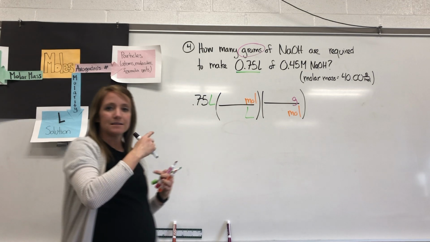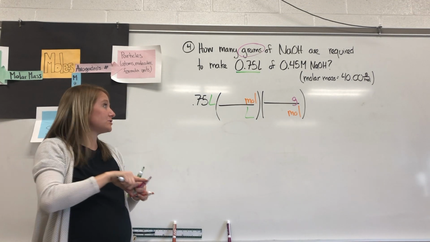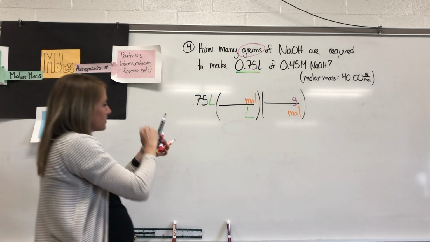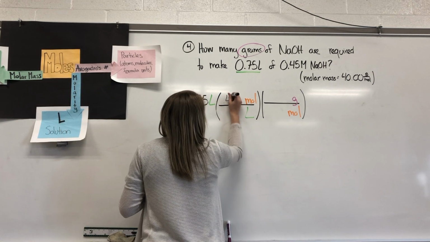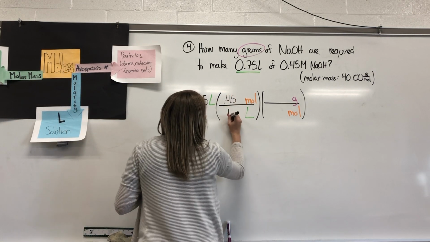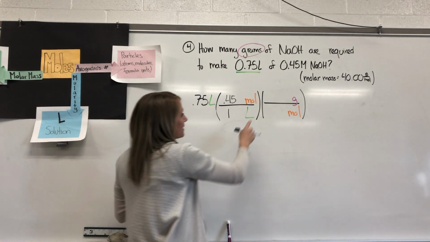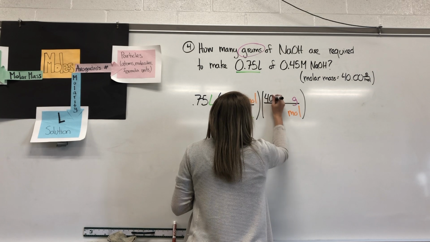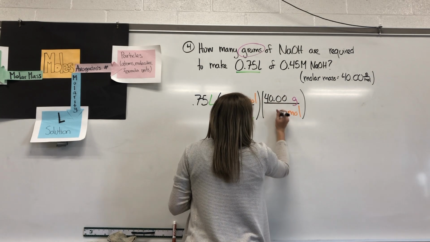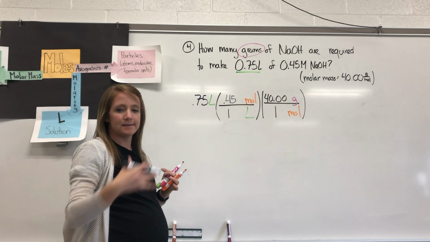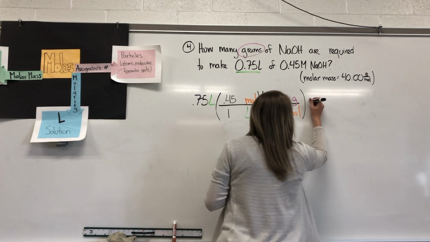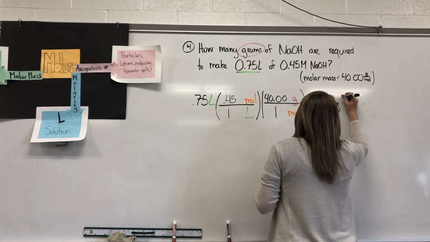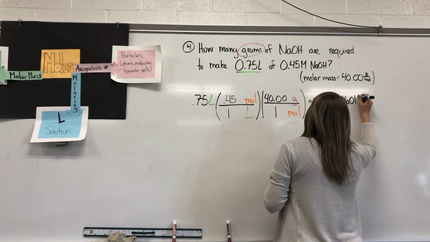Okay, set up your steps, plug in the relationships. So moles to liters is connected through molarity. So you should have plugged in that there, it's 0.45 to 1. And then grams to moles is connected through molar mass, which the problem actually gave us. We don't have to add that up ourselves, to 1. Plug it in your calculator, and you should have got an answer of 13.5 grams of NaOH.